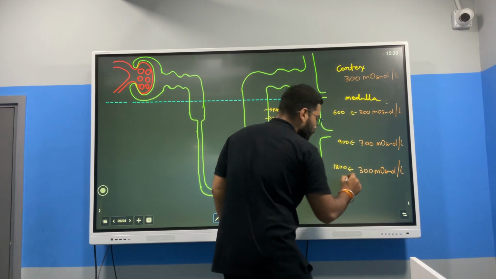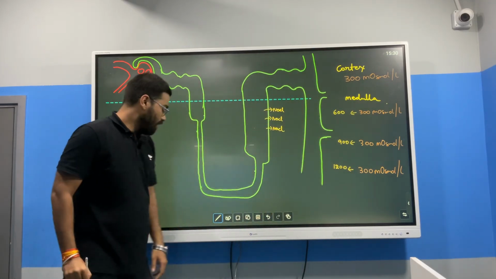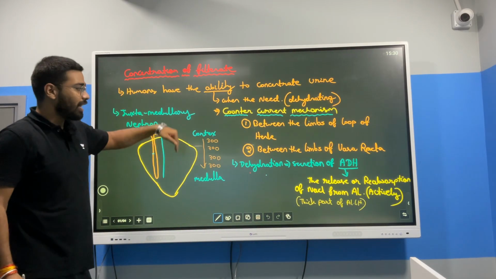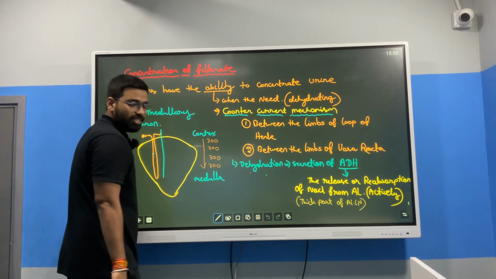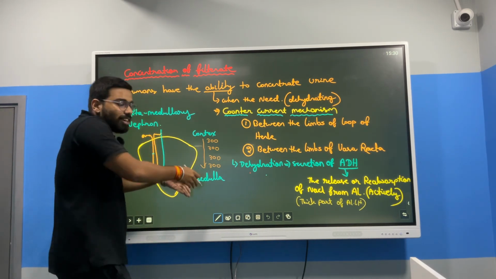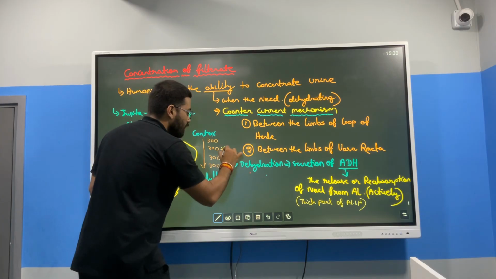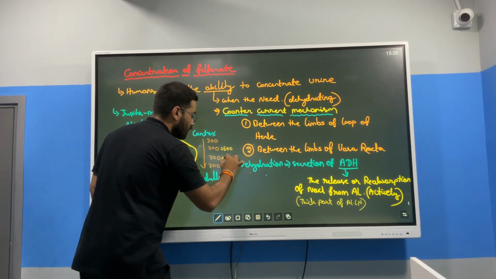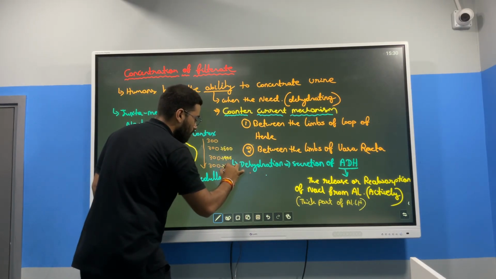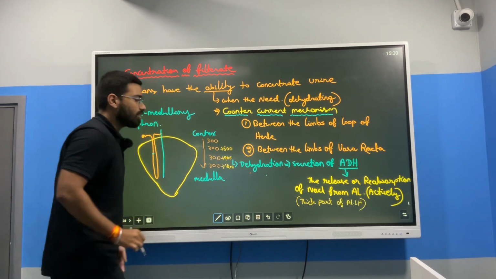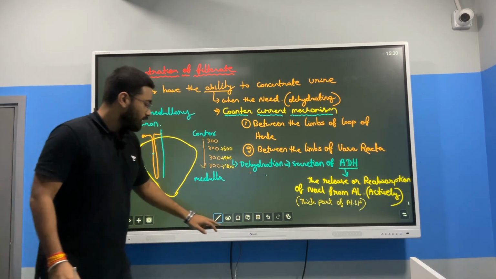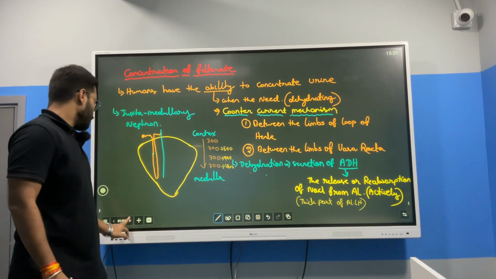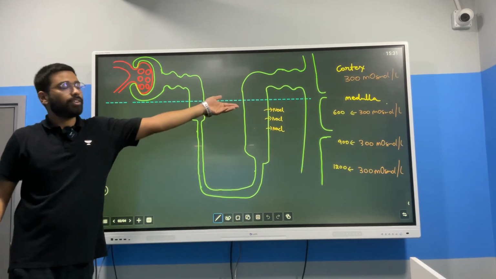So a concentration gradient is formed as we go down the interstitium of the inner medulla, and the concentration will increase.